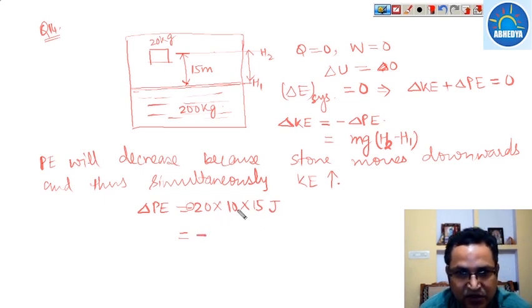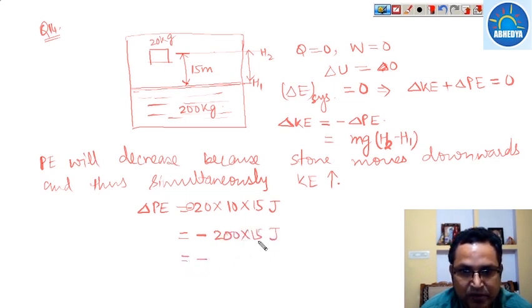So that is equal to 200 into 15 joule. So this comes to be minus 3 kilojoule. So this much potential energy will be decreased.